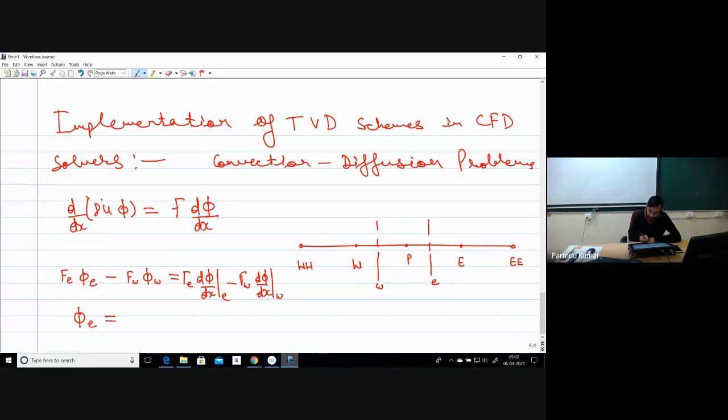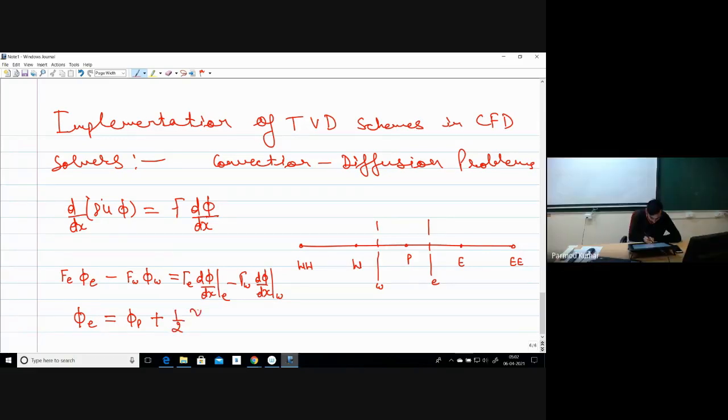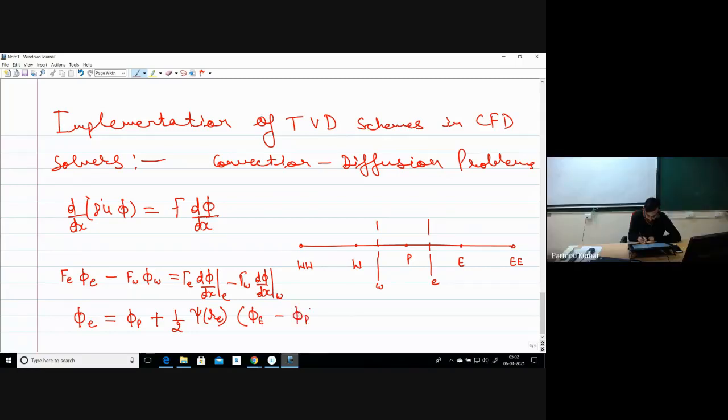Phi E will be equal to phi P plus 1 by 2 psi r E, because r is the ratio of upstream gradient to downstream gradient, so when I define this at a particular face I have to include the subscript. So 1 by 2 psi r E into phi E minus phi P. That will be the value for phi E.